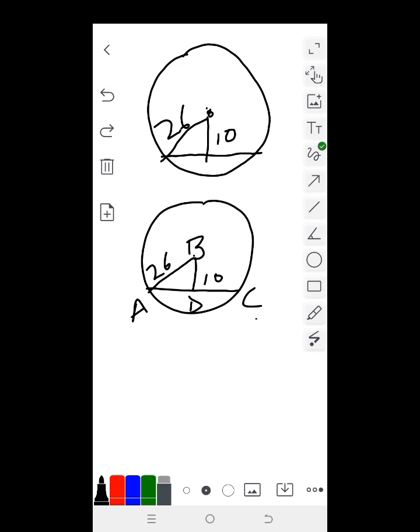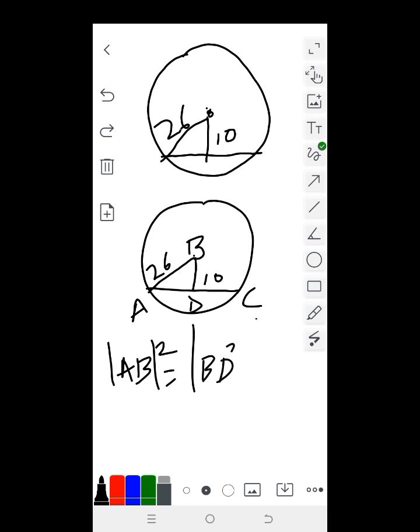So this will make our work easier while finding the length of our chord AC. Recall, AD is equal to DC. That is, the line AD is equal to line DC, and the two parameters given are the radius 26 centimeters and distance from the center of the circle to the chord 10 centimeters.